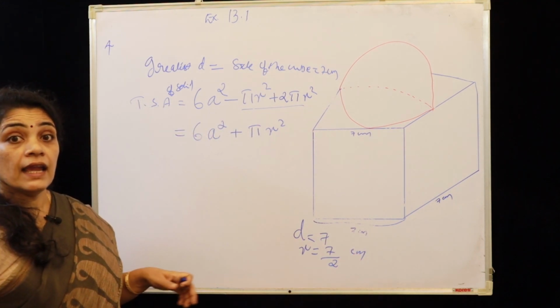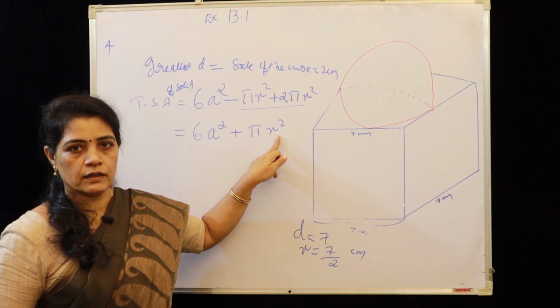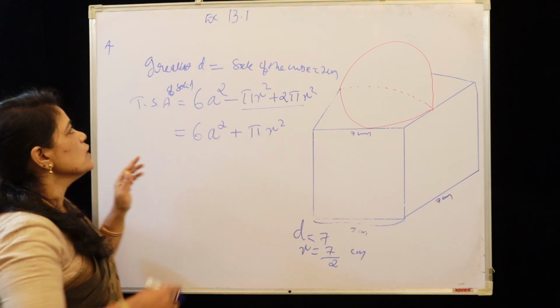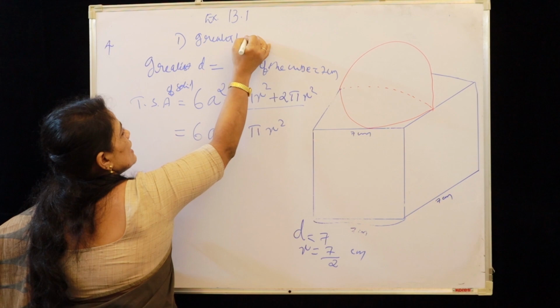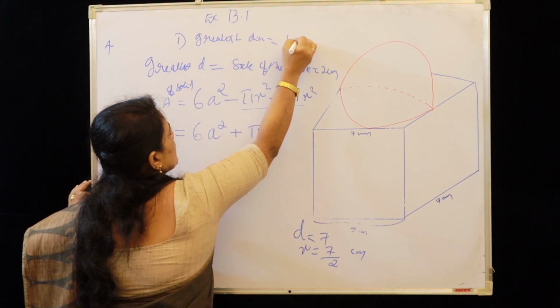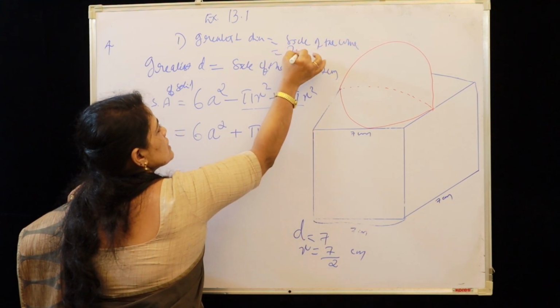This is the radius of the hemisphere, because we have to substitute for r square. Understood? And in the first part, the greatest diameter is equal to the side of the cube, and that is equal to 7 centimeter.